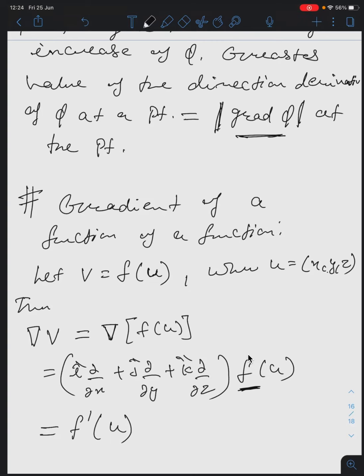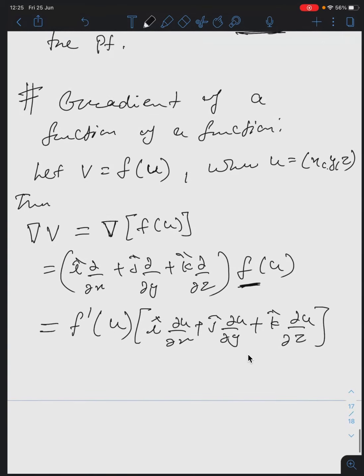Now this operator needs to be applied on u also, because u is a function of x, y, z, just as we applied it on e to the power x square also. So the operator i dou by dou x plus j dou by dou y plus k dou by dou z needs to be applied on u.